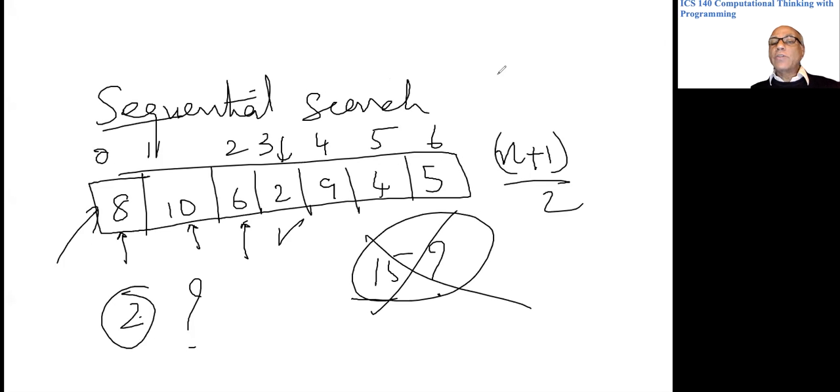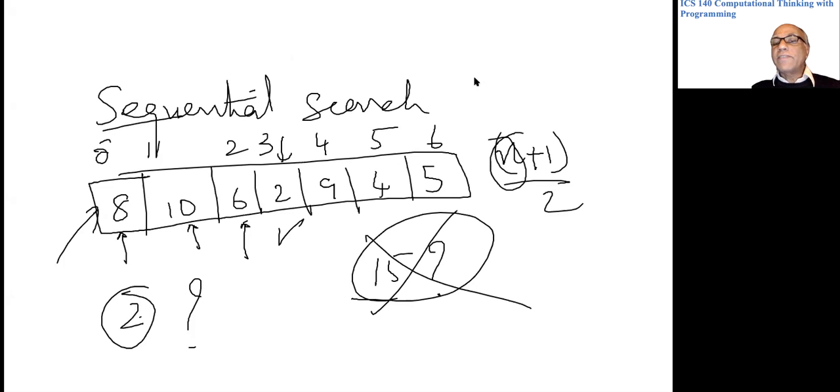So this is not a good idea for large lists. But if you have only a few elements, like 7 or 8 elements, then this is a simple algorithm to write, and it is going to end very quickly. So sequential search is good if you have a small number of elements, but it doesn't work well if the number of elements is huge.